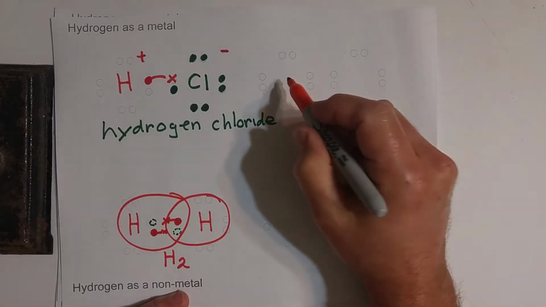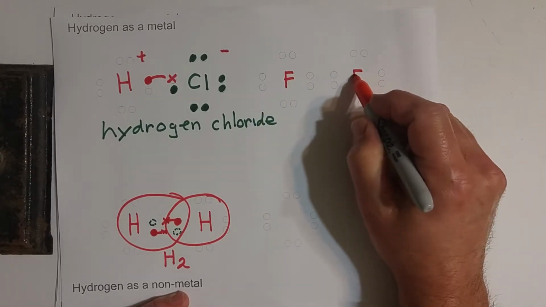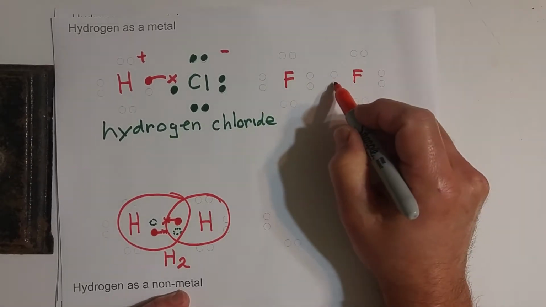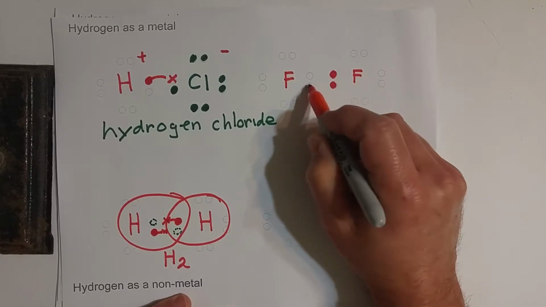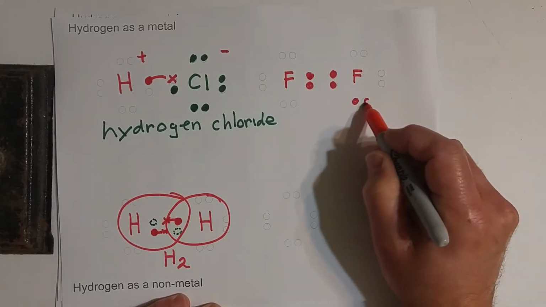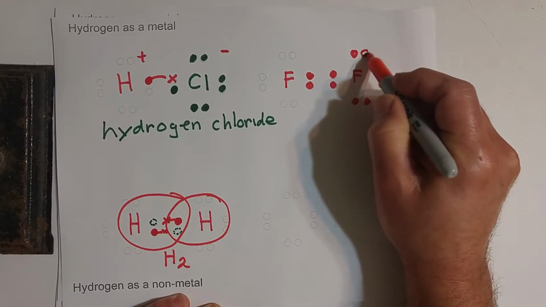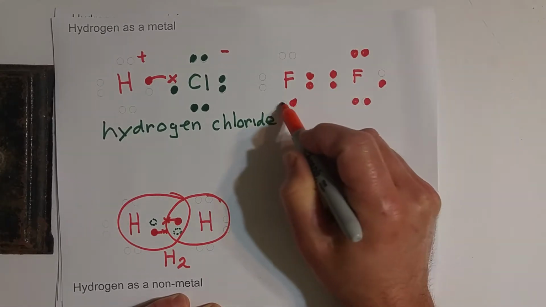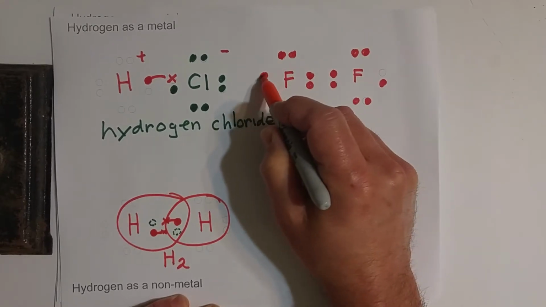So we're going to switch to another diatomic gas, fluorine. Now, fluorine has 7 dots. What we want to do really is clear the empties out of the way. In this situation, I typically put the empty one on the far side just because we need the pool of electrons we're going to share. Now, a sharing situation is pretty obvious.